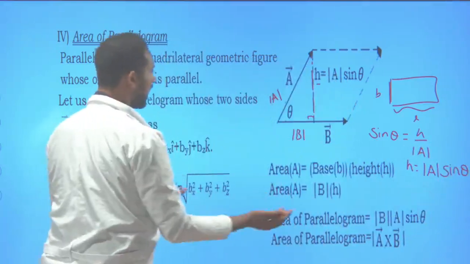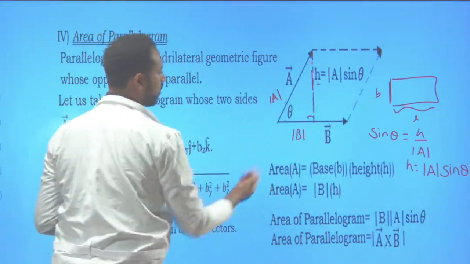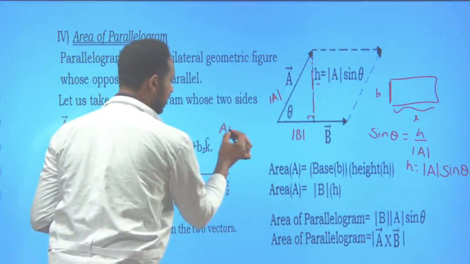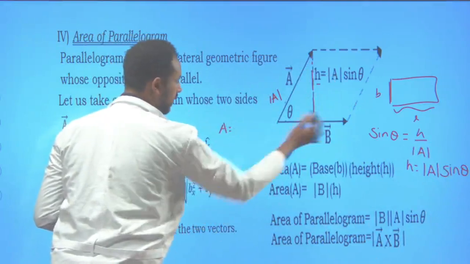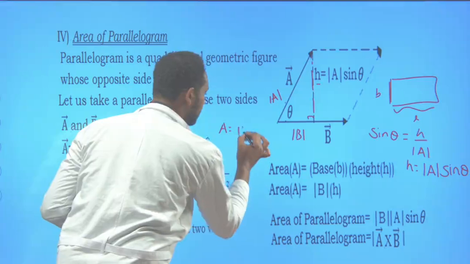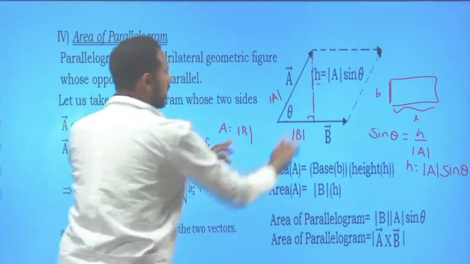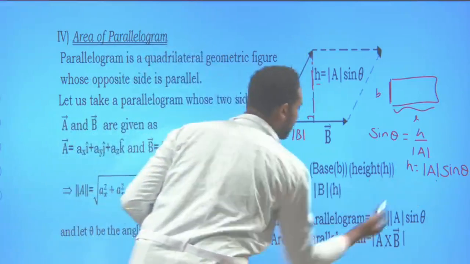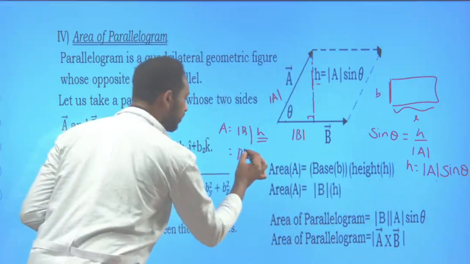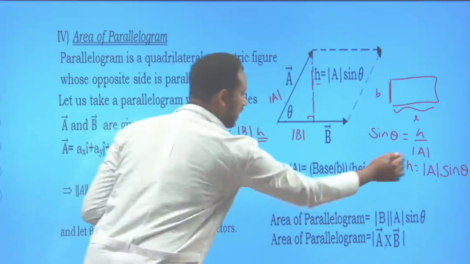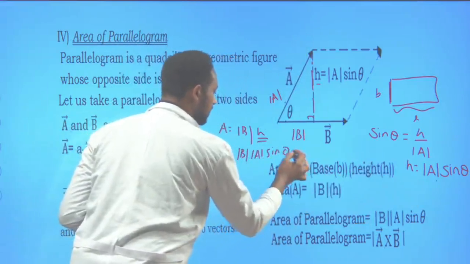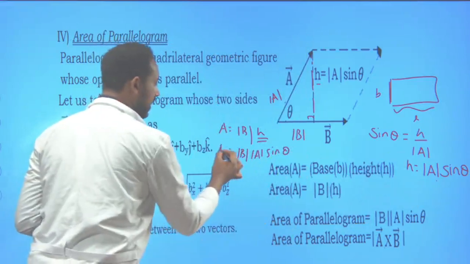And we know that the area of a given parallelogram or a given rectangle is length times width. The length is, in this case, the magnitude of B. The height, h, can be represented as the magnitude of A sine theta. And this is the area.